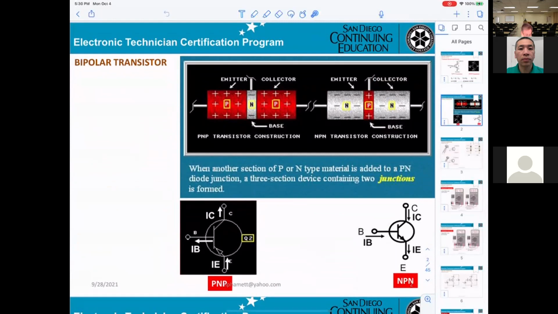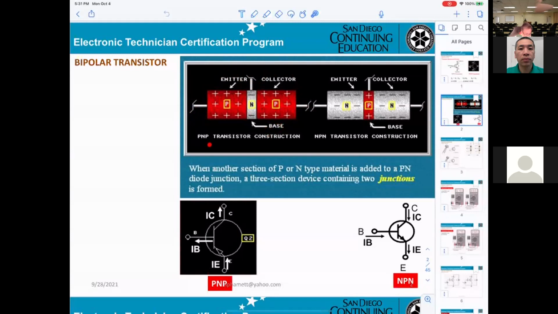And the P side, that means the transistor here will be P and P. On that, one side can be the collector, one side the emitter, and in the middle will be the base.